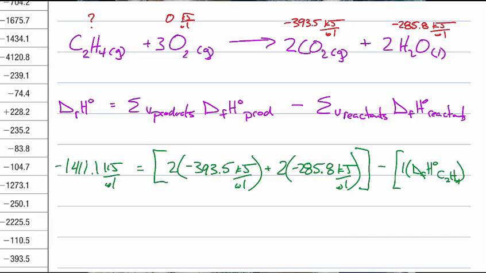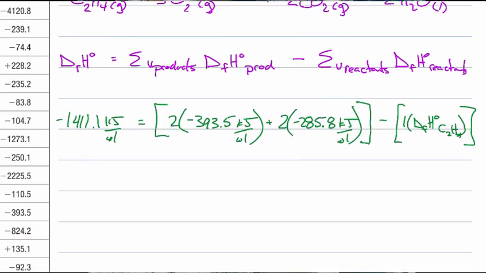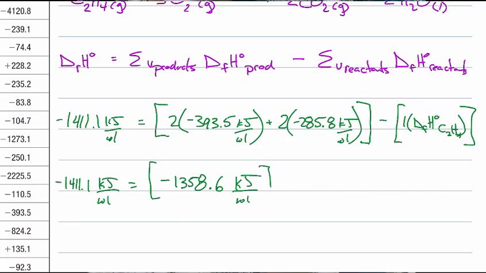And I think this is the first time we can fit all of this onto one line. So we have negative 1411.1 kilojoules per mole. And here we have 2 times 393.5, which is negative, plus 2 times 285.8, also a negative, gives us negative 1358.6 kilojoules per mole.